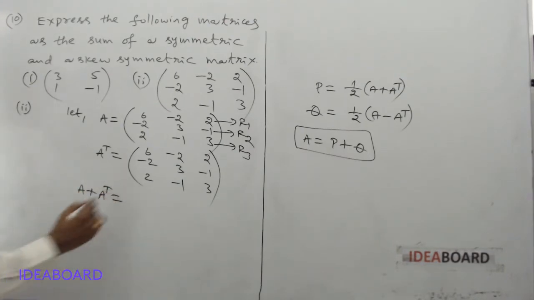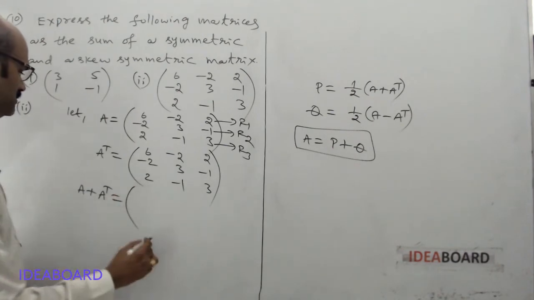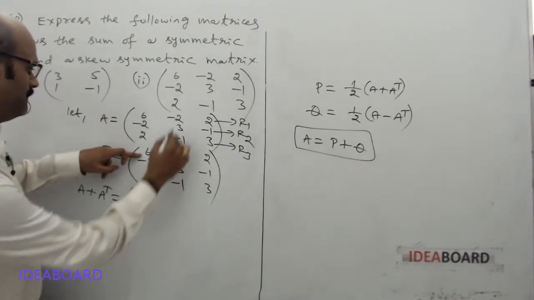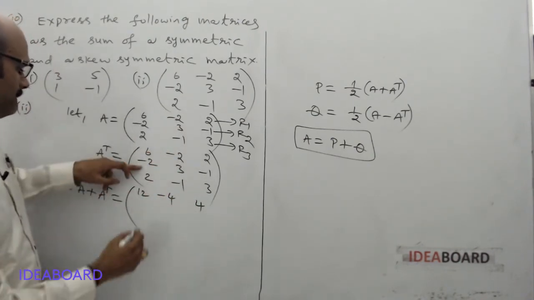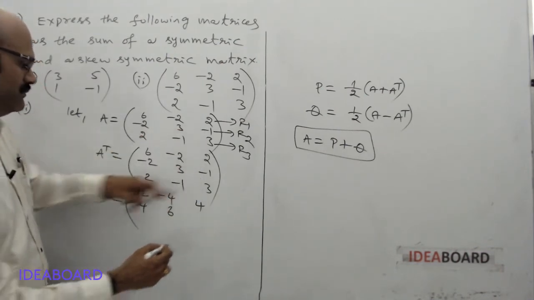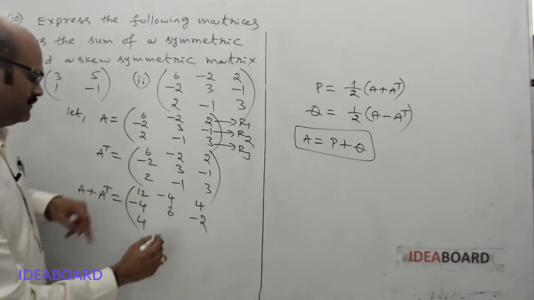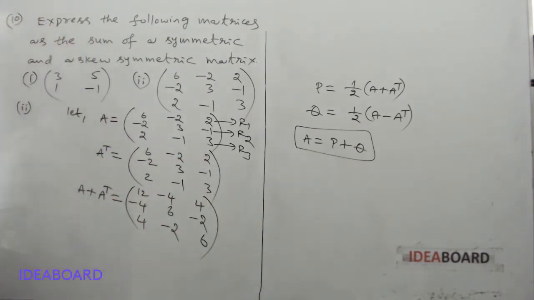A plus A transpose equal to 6 plus 6 equal to 12, minus 4, 4, minus 4, 6, minus 2, 4, minus 2, 3 plus 3, 6.